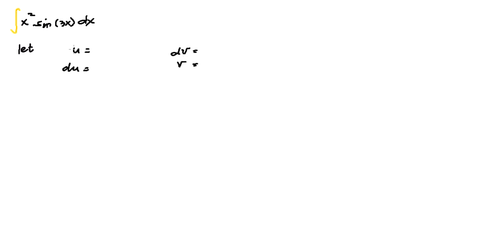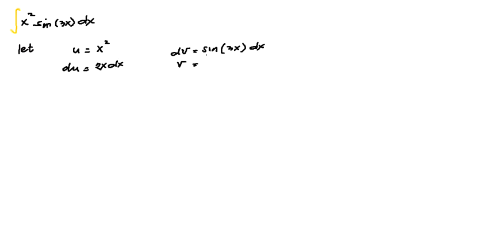Say let's assign our x squared as our u, and then the remaining part is our dv. So we have sine 3x dx. As you can see, the derivative of u is just 2x dx.